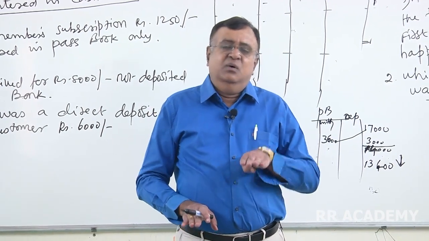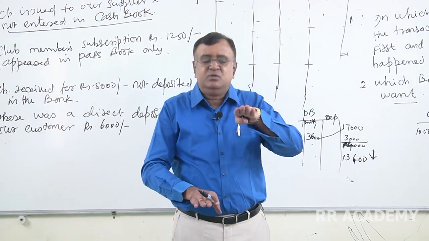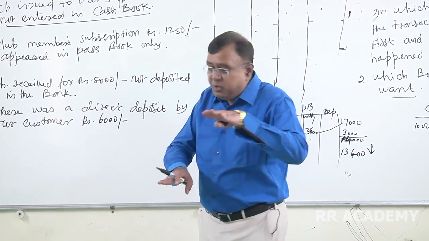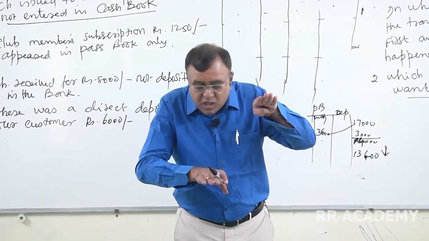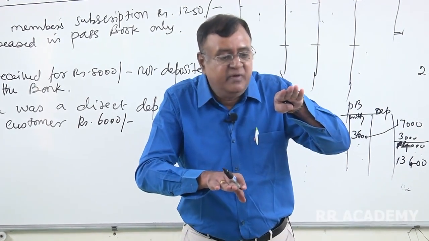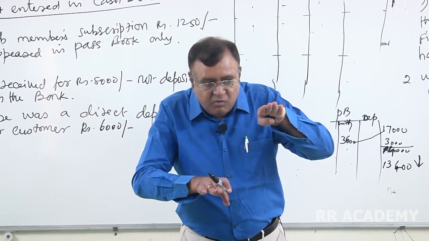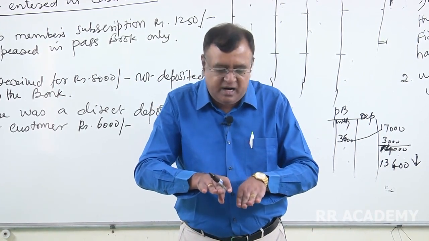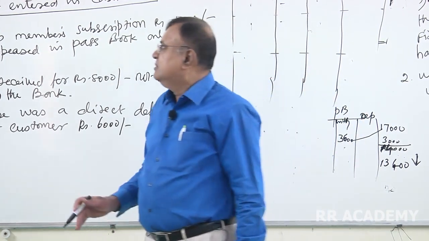Fine. Now, what happened to the balance? Passbook reduced. Which book do you want? The cash book is given; we want the passbook. If you want the passbook, what should we do? Less. But because it is an overdraft sum, add.